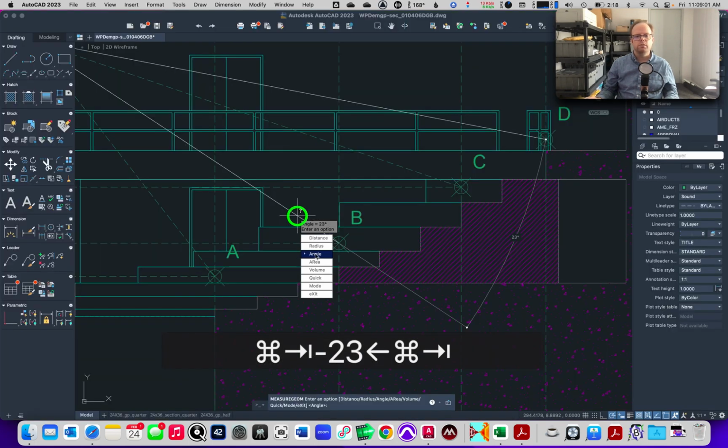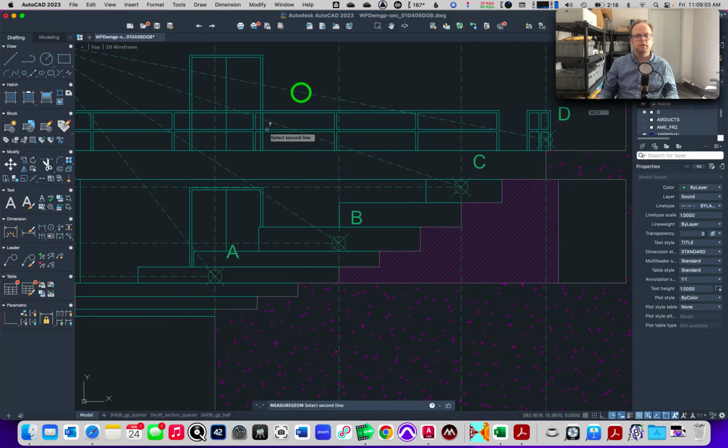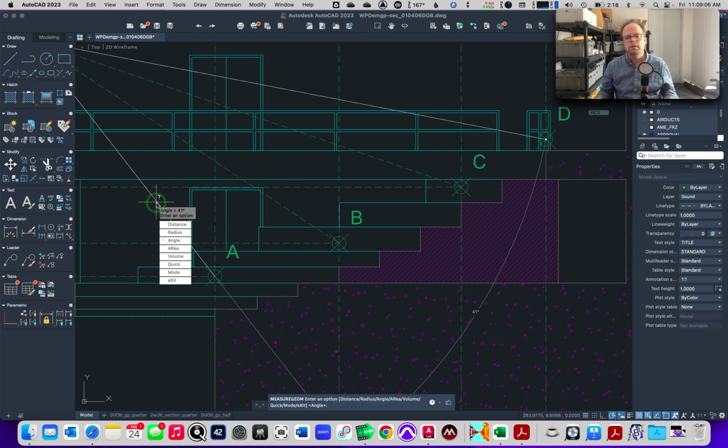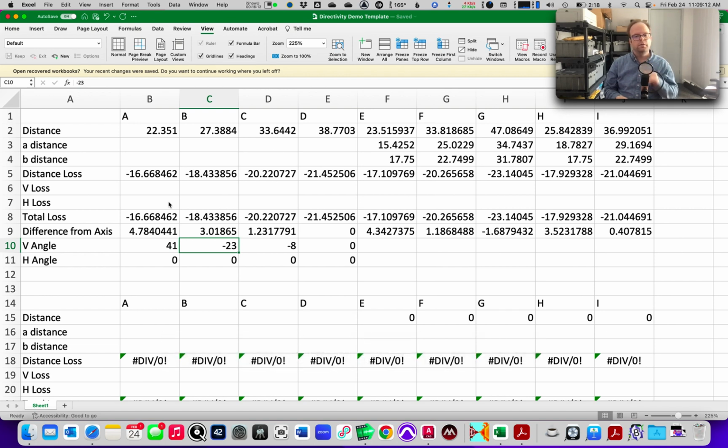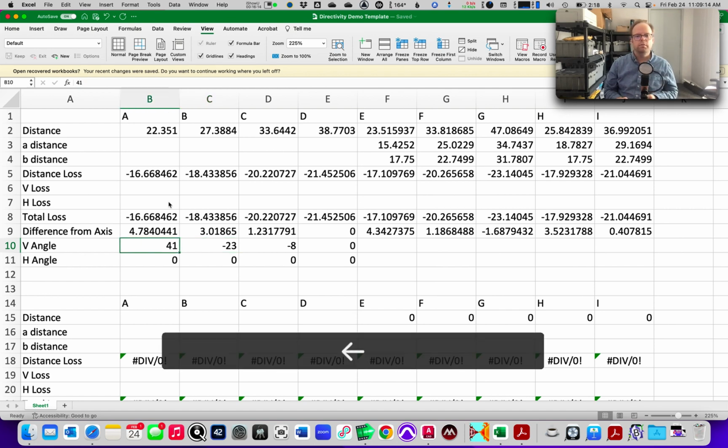And let's go to seat A. Here to here, 41 degrees. Okay. Now, we can take this information and we can get these angles. This will be -41. We can put these over here as well.